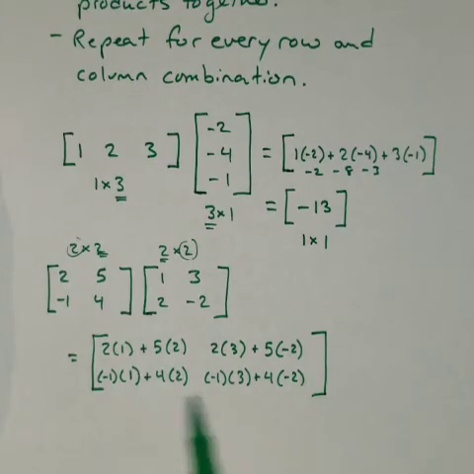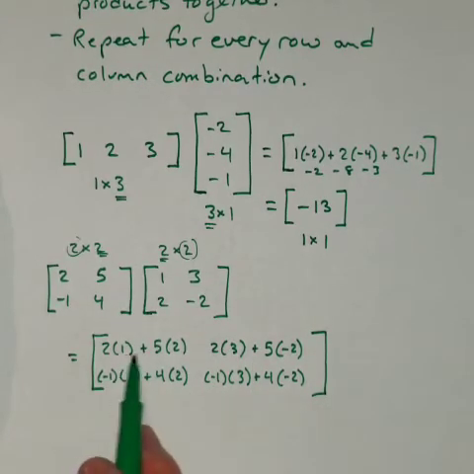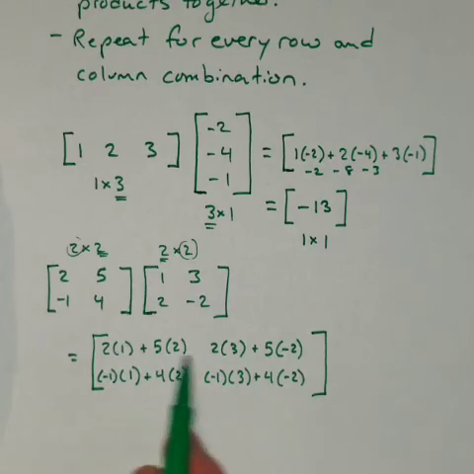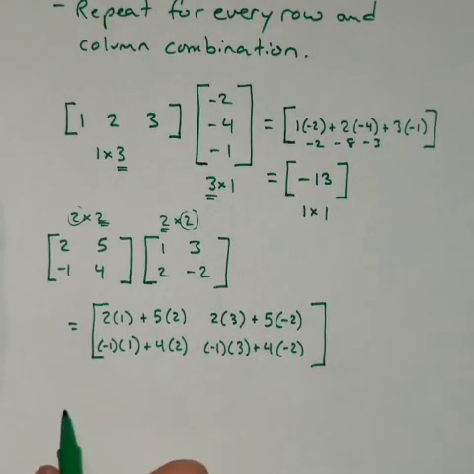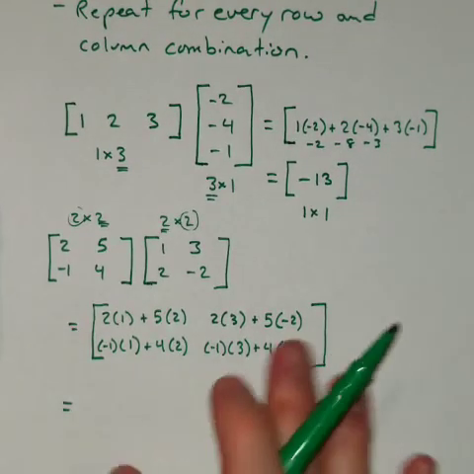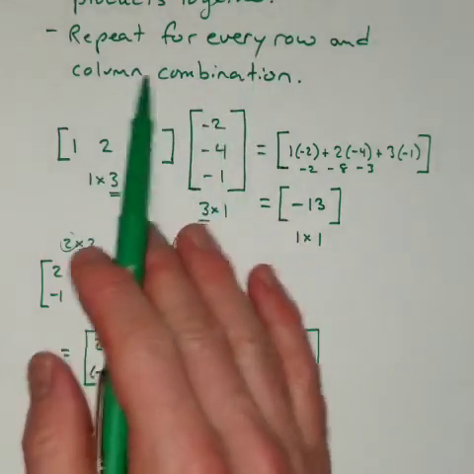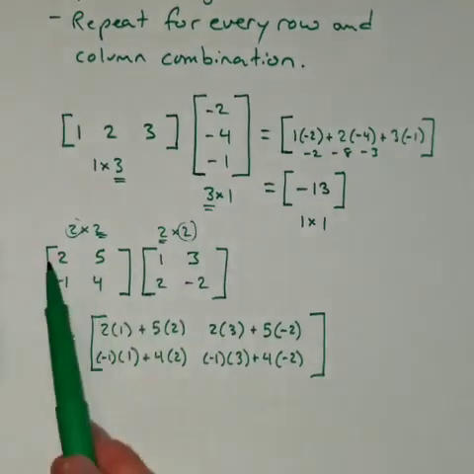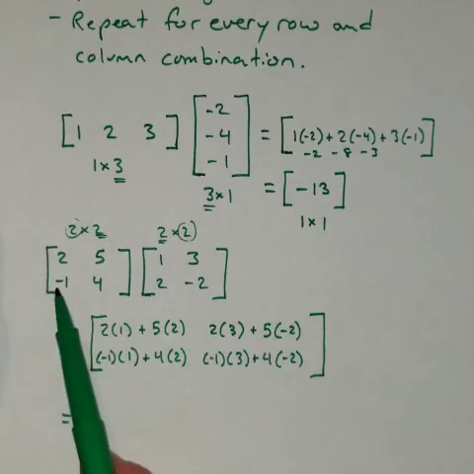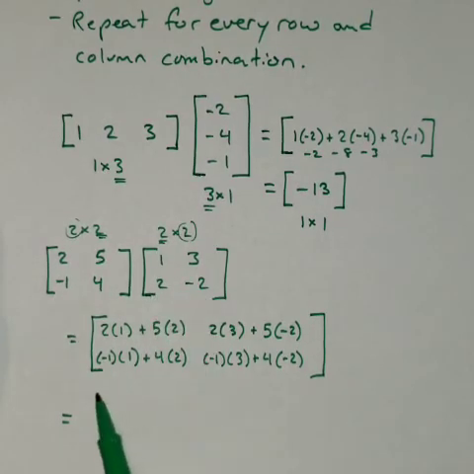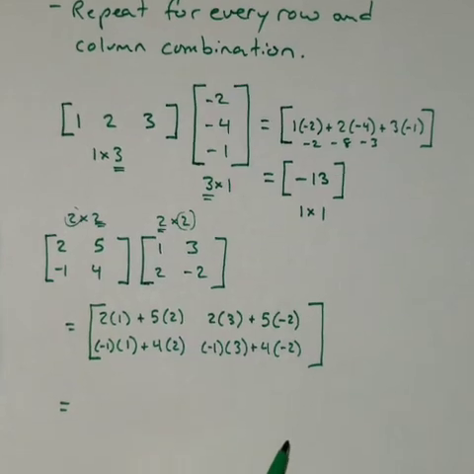Now I said this is going to be a 2 by 2 matrix, and you can see once I simplify each of these, there's 4 different things to add together. That's going to be our 4 different terms. Also just a note that I repeated this for every row column combination. First row multiplies first and second columns. Second row multiplies first and second columns. That gives us all the combinations.